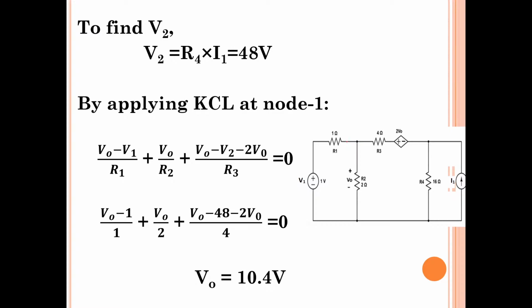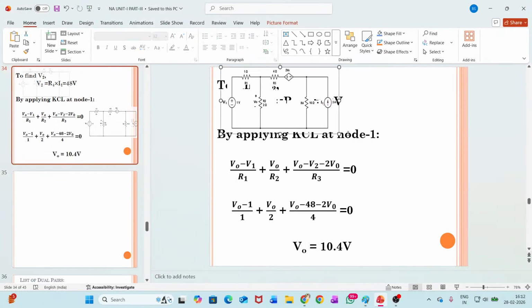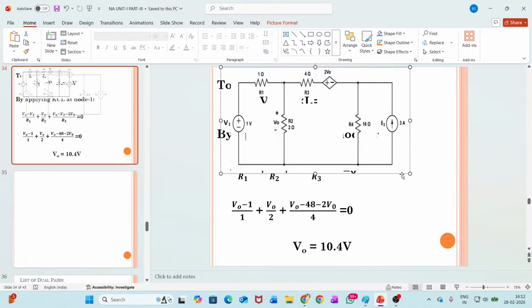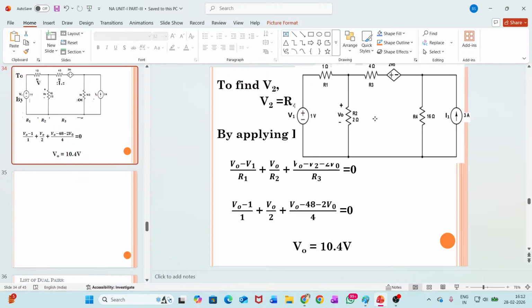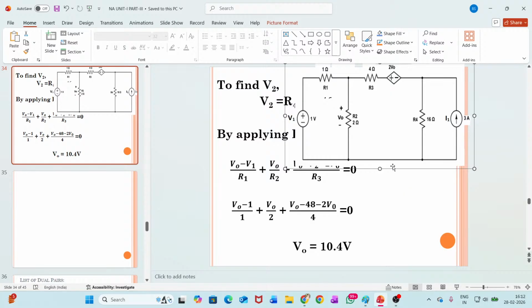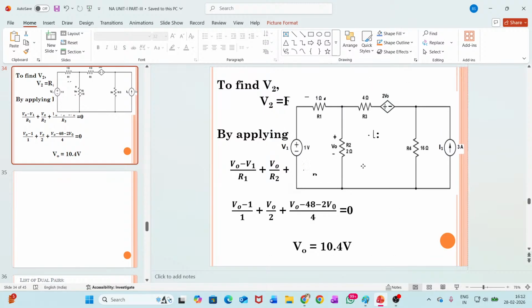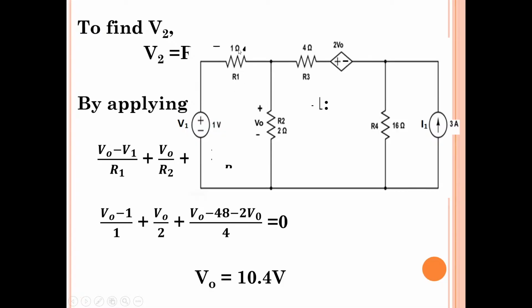I'll expand this image so that it will be more visible to you. See here, R1 is 1 ohm, R3 is 4 ohms, R2 is 2 ohms, R4 is 16 ohms, I1 is 3 amperes, V1 is 1 volt.